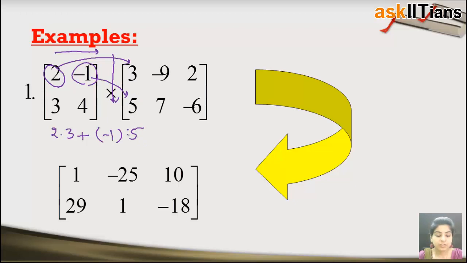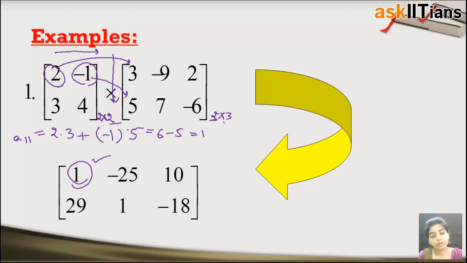This will give me the first element. Okay, I forgot to mention that the order of the first matrix is 2 cross 2. You need to check this first, and the order of this matrix is 2 cross 3, so we can multiply them, right? So this will give me the first entry A11, which is 6 minus 5, which is 1, correct?